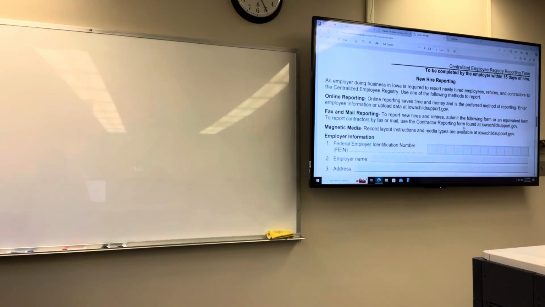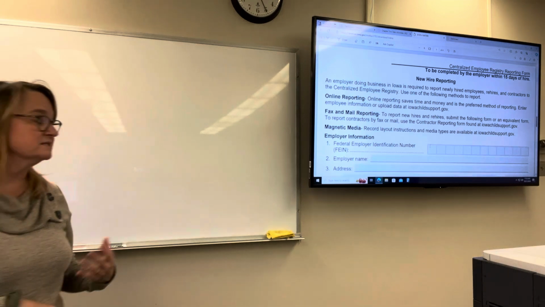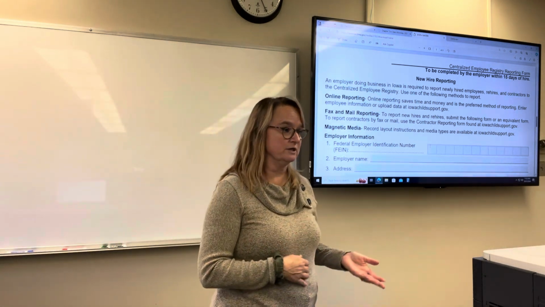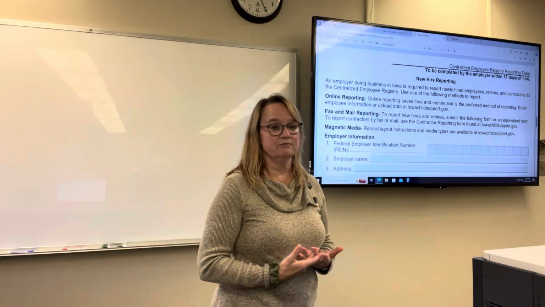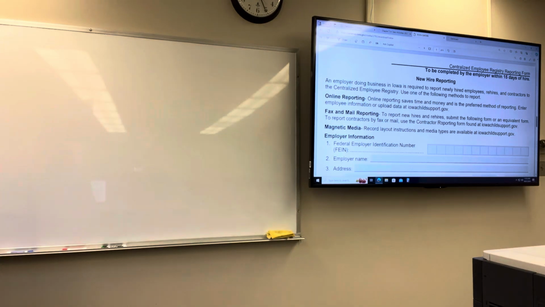Like I said, there's a second part to this. This is a centralized employee registry reporting form to be completed by the employer within 15 days of hire, and then this has to be sent off to the state. This notifies the state that an employee has been hired, and so they will check it against the child support database to see if child support needs to be withheld from the employee's paychecks.